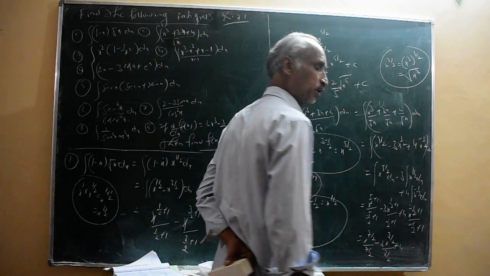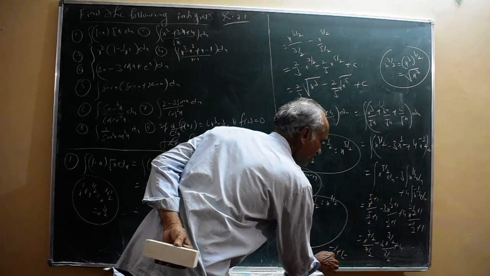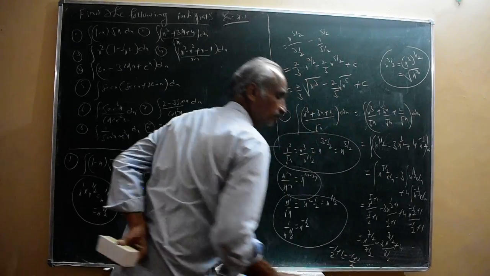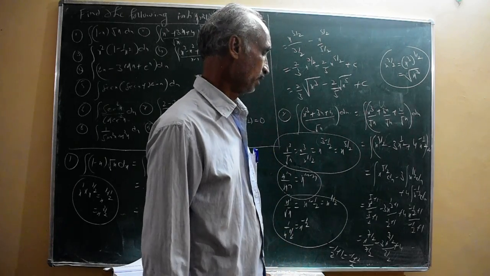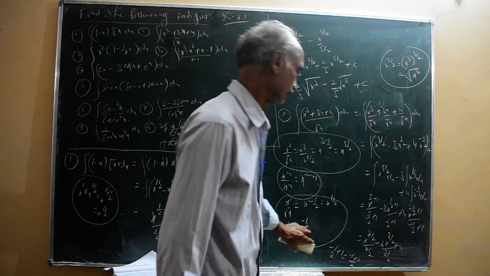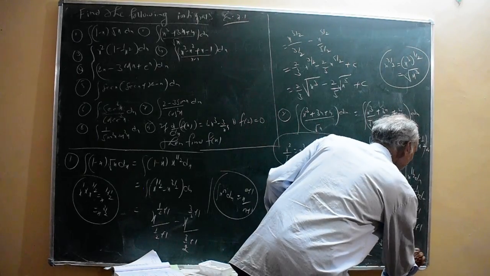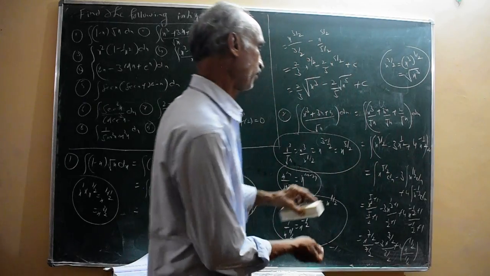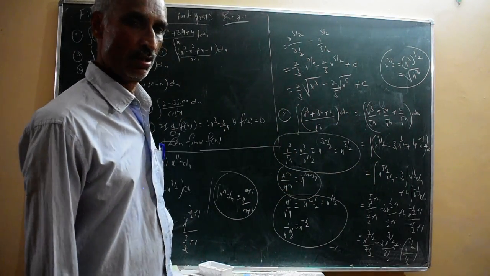Minus half plus 1, LCM is taken: minus 1 plus 2 upon 2, minus 1 plus 2 is 1, so 1 by 2. It is 4 x raised to 1 by 2 upon 1 by 2. Now simplify. 7 by 2 is taken a by b.